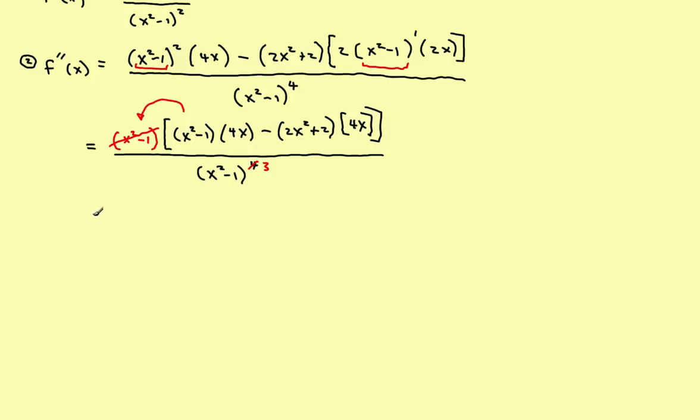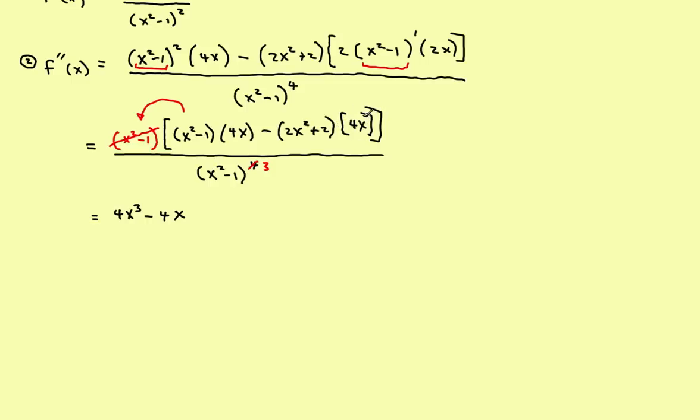So let's do this. Now, with what's left over, I'll go ahead and distribute this. So this times this and this times this. Multiply these two together, and you get a 4x cubed. Then you've got minus 4x. Then go ahead and distribute this thing.